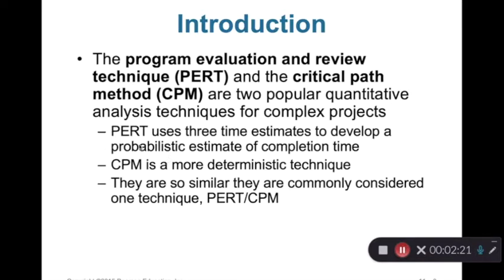We use PERT to calculate activity times, and then we can calculate the estimated completion time for the entire project. And also we need to use CPM to figure out all the critical activities. We use them together, so we call it PERT or CPM. I put them together.